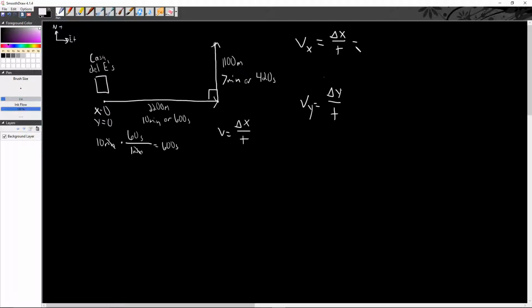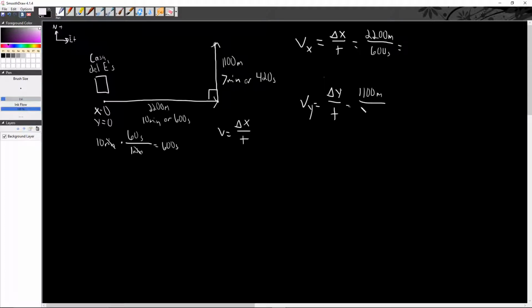So in this case, for vx, we're going to have our x position changed by 2,200 meters. That part of our journey took 600 seconds. We'll come back to our math here in a second. Our velocity in the y direction, though, our change in y value here was 1,100 meters.